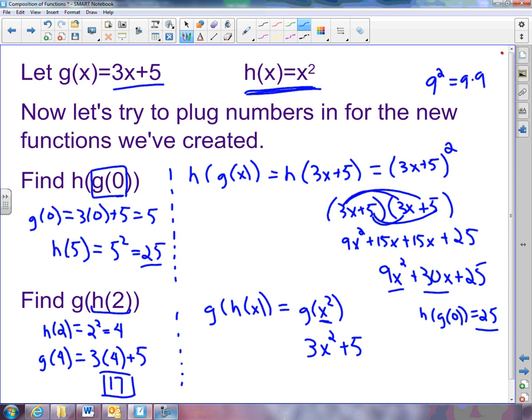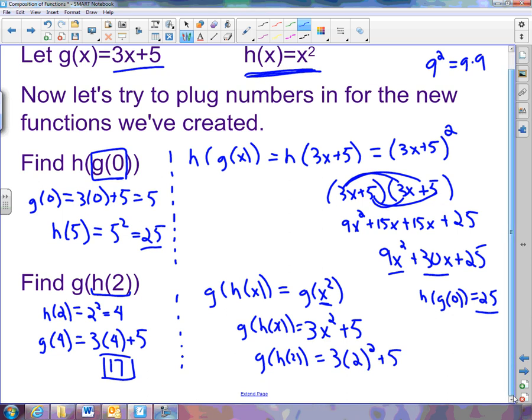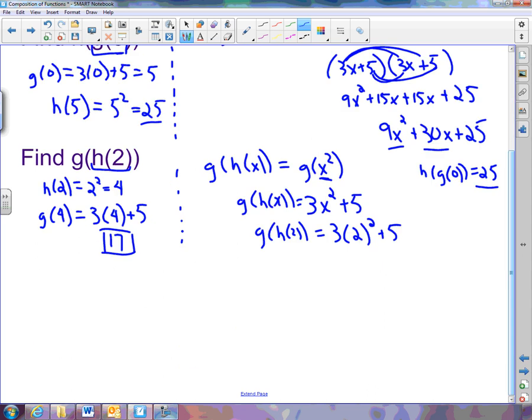Then all I'm going to do is plug 2 into this equation. So here, I get 2 squared, I have to do my order of operations, which is 4. I get 3 times 4 plus 5, which is also 17. So either way you do it, you get that the answer is 17.